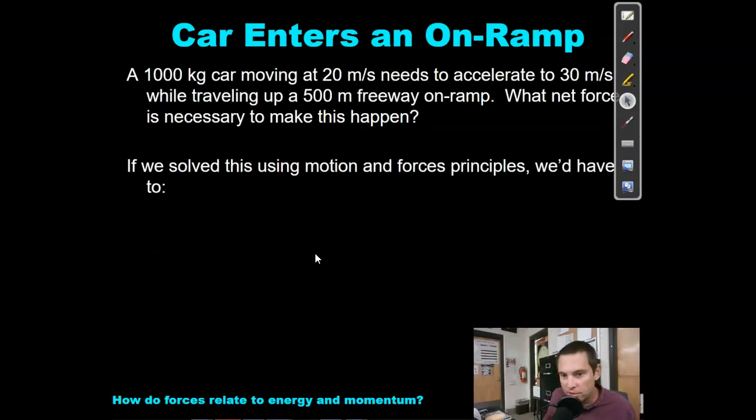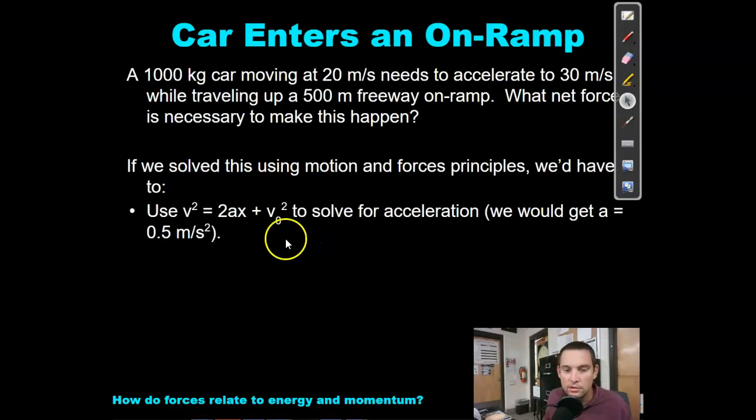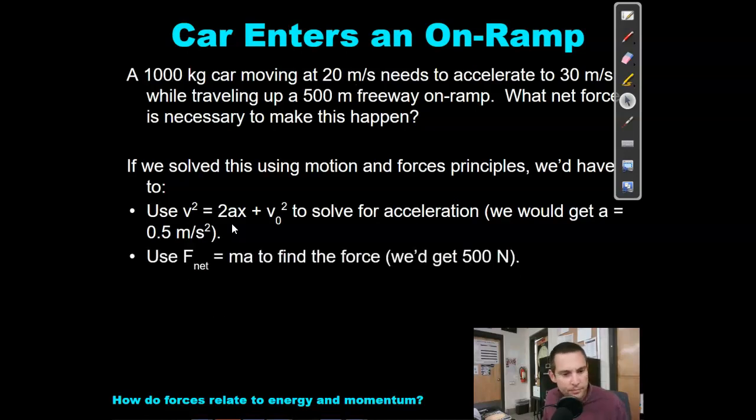If we solve this using motion and forces principles, we'd have to use the no time equation to solve for acceleration, plugging it in. You can check this if you like, but you'll see that it's a lot more intensive. Then we're going to use net force equals mass times acceleration, so we would just multiply the mass times acceleration.